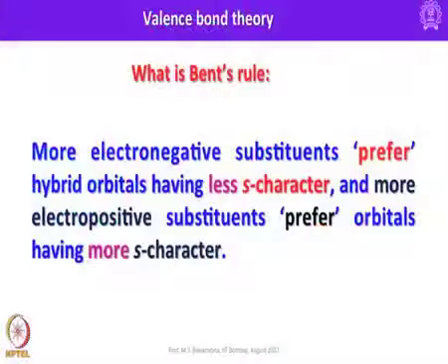I repeat again, according to Bent's rule, the more electronegative elements prefer an sp3 orbital having more p character and less s character. On the other hand, less electronegative atoms, when they are binding to the central atom, they prefer a hybrid orbital having more s character and less p character.